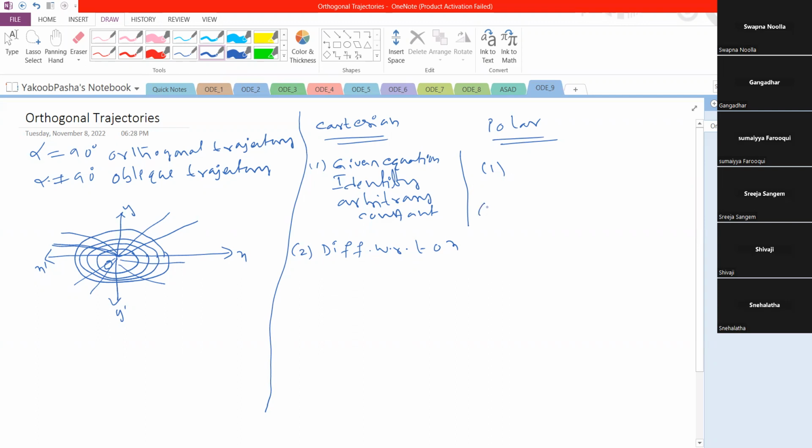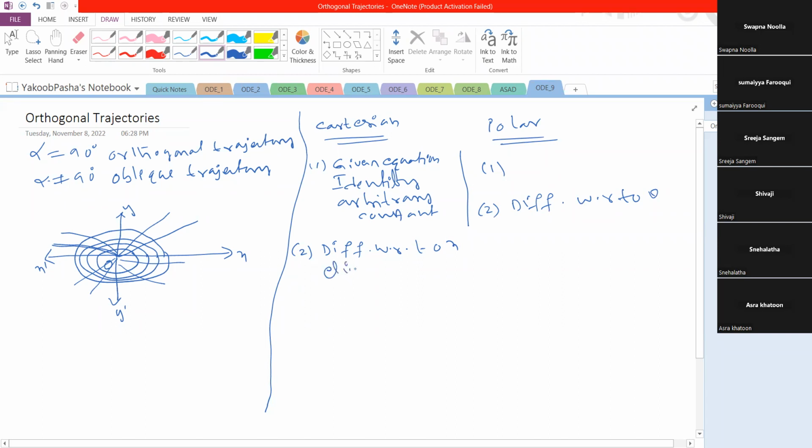Now differentiate equation 1, the given equation, with respect to x. In polar coordinates, in step 2, differentiate the given equation with respect to theta. After differentiating, eliminate the arbitrary constant.